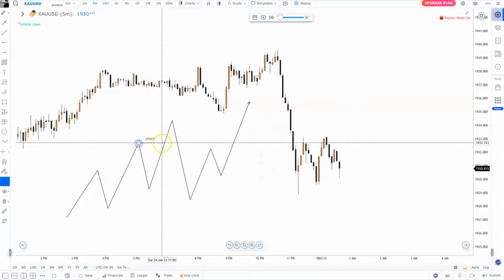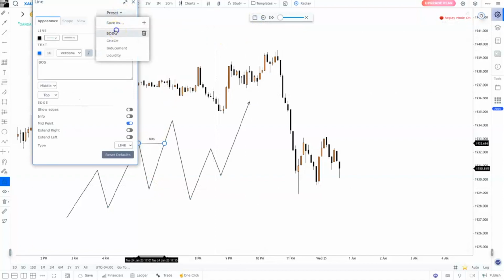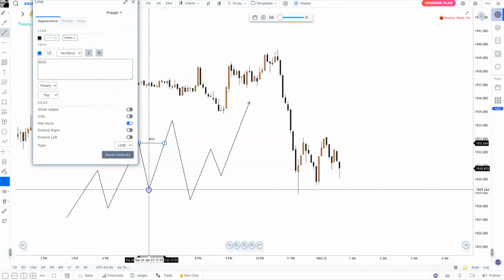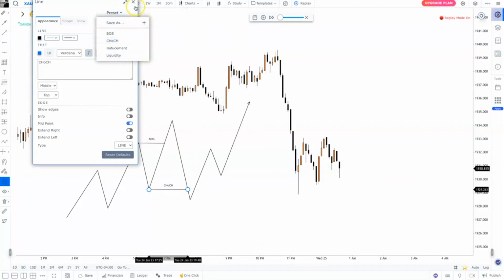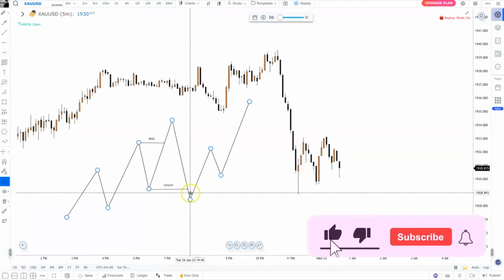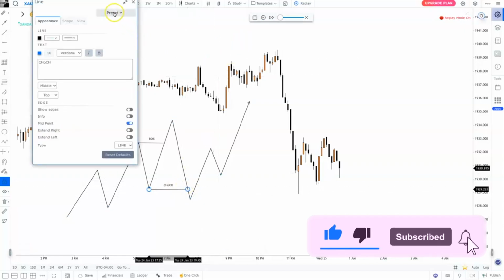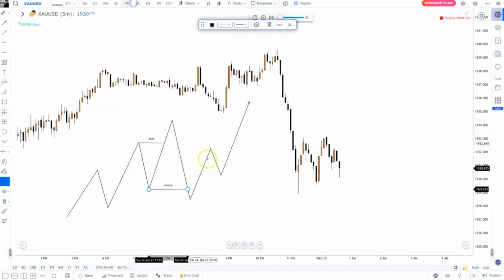So it's giving me this BOS right here in this area and this change of character right here. But in reality this is not a change of character, it's a fake change of character, just known as a sweep or a liquidity grab. It's a fake out, inducing people to go selling when in reality the price is pushing up.